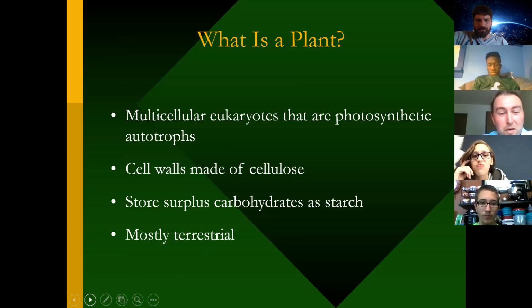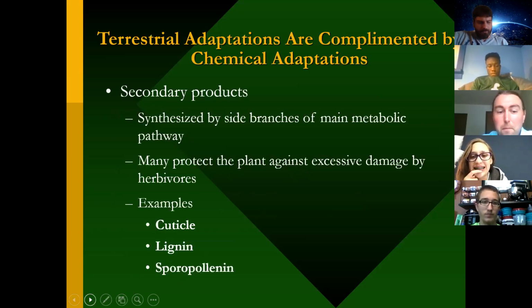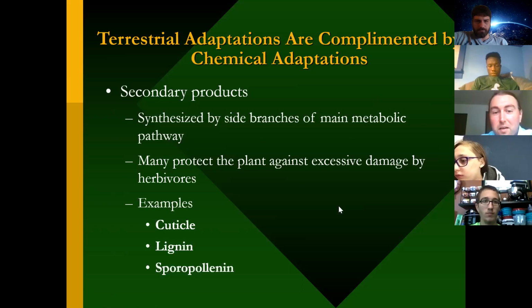All right, so now we're going to move into some of the other things that plants do. There are other secondary productions that they do, and they have to protect themselves. So they synthesize side branches for metabolic pathways. That basically means they've got other ways of metabolizing and producing in case one part of them gets knocked off.